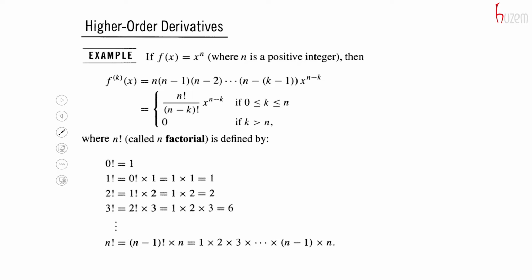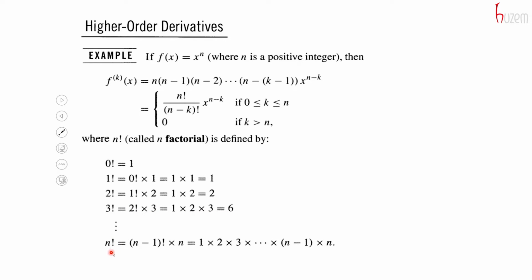So there is a notation here, n factorial and n minus k factorial, to denote this product in short. Let me talk about it. 0 factorial is conventionally 1, and 1 factorial is 0 factorial times 1, which is 1 times 1, so 1. 2 factorial is 2 times 1 factorial, so it is 2. 3 factorial is 3 times 2 factorial, which is 6.